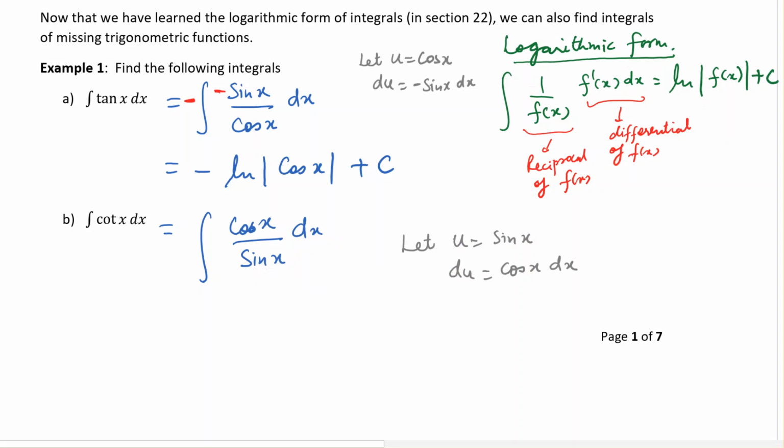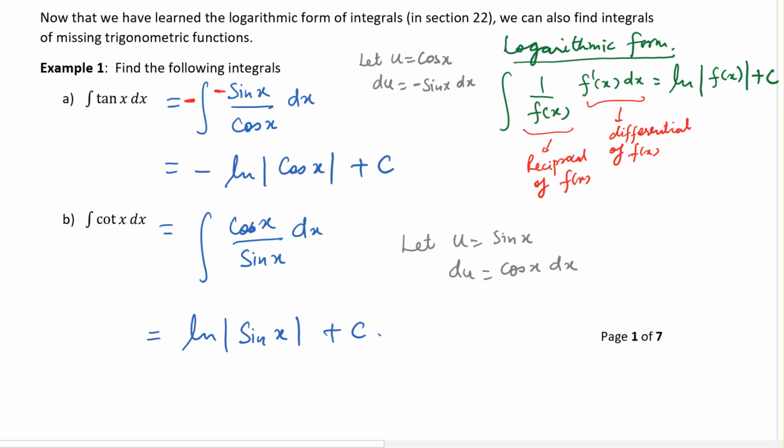So applying the logarithmic form, the integral should be ln of the absolute value of sine x plus c. Thus, we found our two integral formulas, one for tangent x and another for cotangent x.